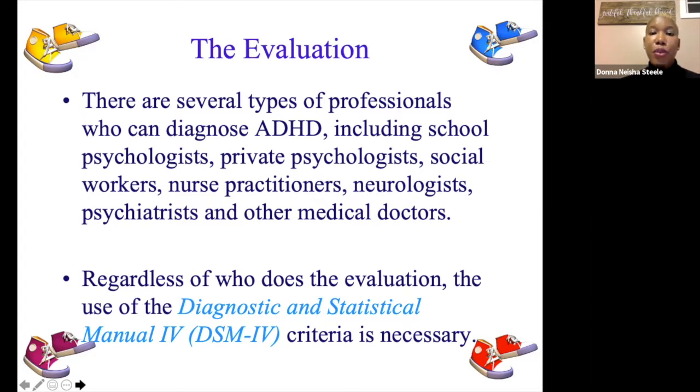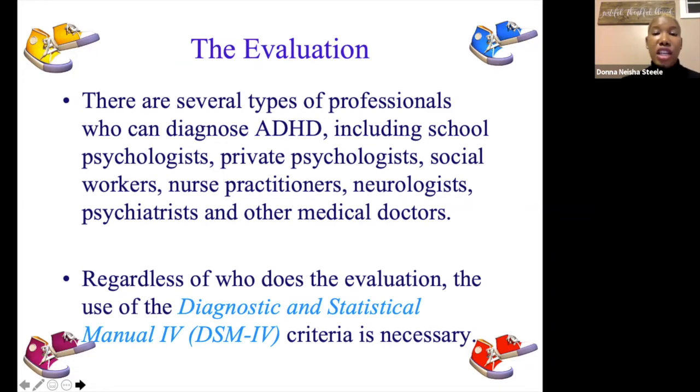There are several types of professionals who diagnose ADHD. So a school psychologist can do that. Private psychologists, social workers, practitioners, neurologists, psychiatrists, and other medical doctors. Now, even though some of these people can make a diagnosis, a school psychologist and a social worker, those persons who primarily work within the school without a medical degree, that becomes an educational diagnosis, and not necessarily a medical diagnosis.